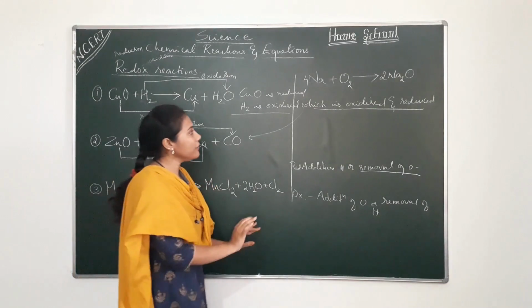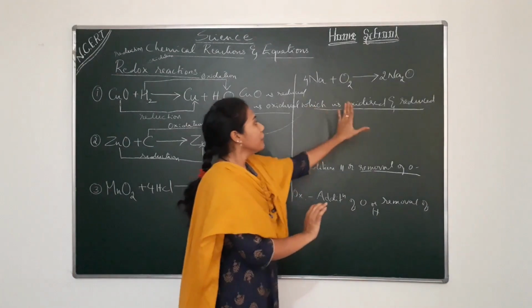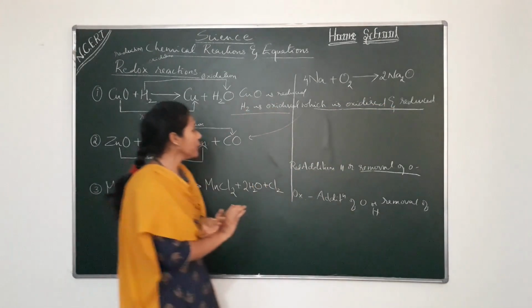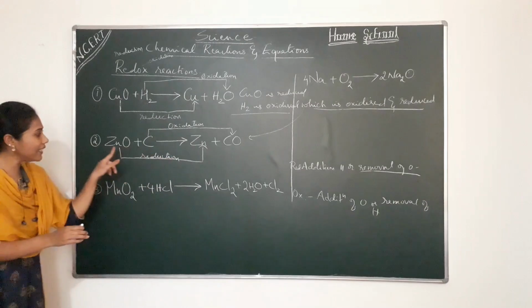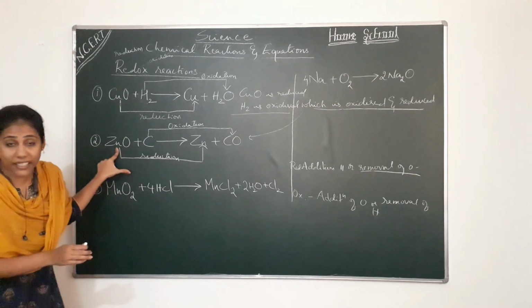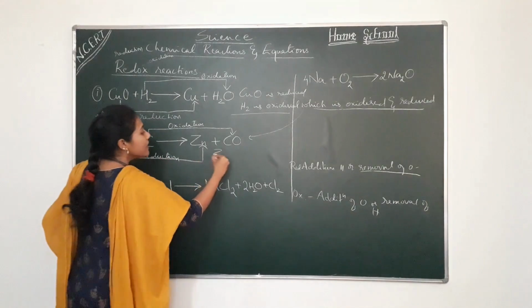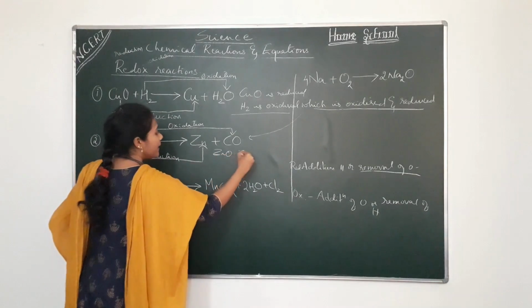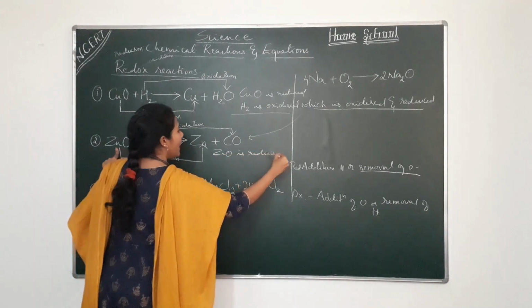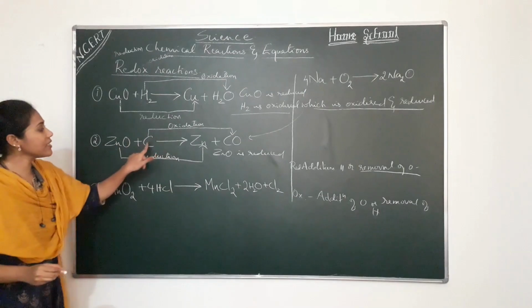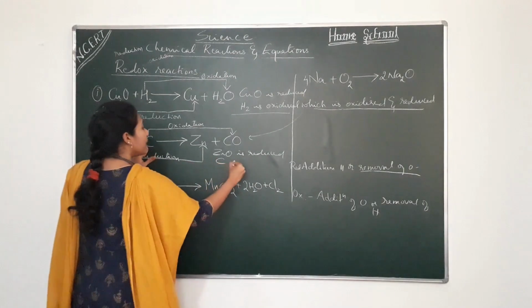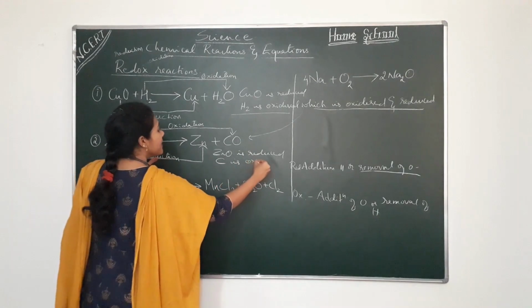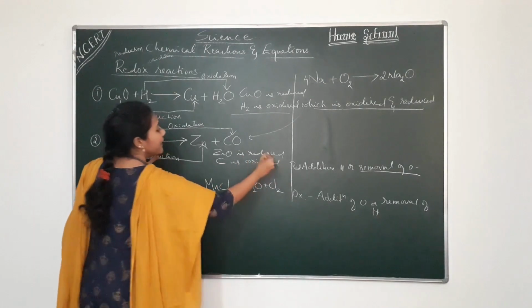Now the question for this equation is which is oxidized and which is reduced. Which one underwent reduction? ZnO underwent reduction, so ZnO is reduced. And which one underwent oxidation? Carbon underwent oxidation, so carbon is oxidized. This is how you have to write.